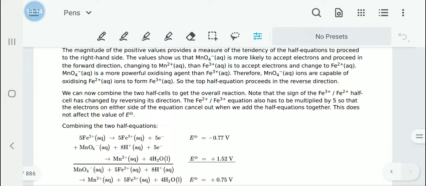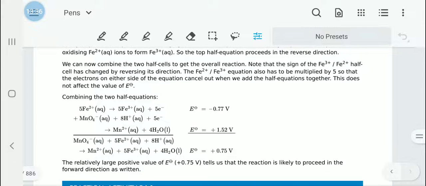However, because manganate MnO4- ions are better acceptors of electrons than Fe3+, it has the ability of oxidizing Fe2+ ions to form Fe3+ ions.